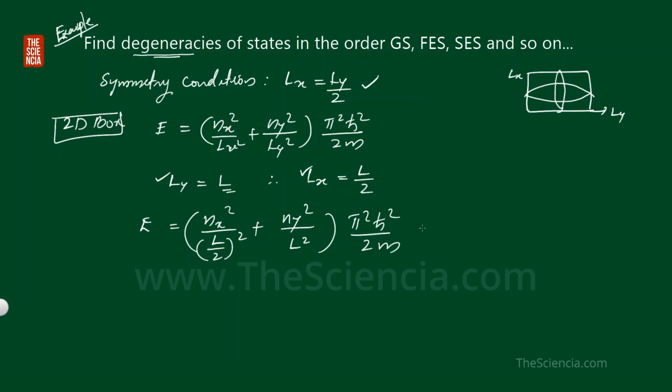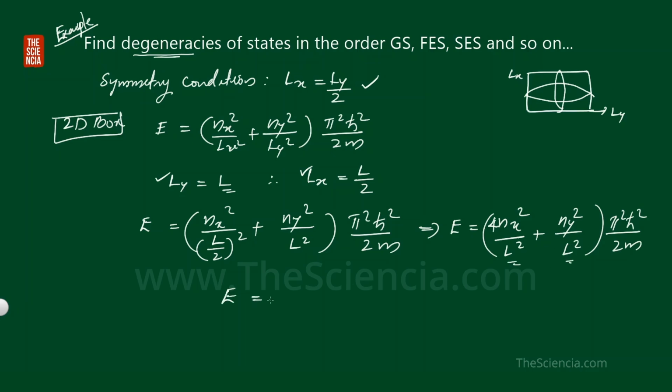That is, we get nx square into 2 square, that is 4 nx square by L square, plus ny square by L square, into pi square h bar square by 2m. Here L is a common term, so we can take it outside.